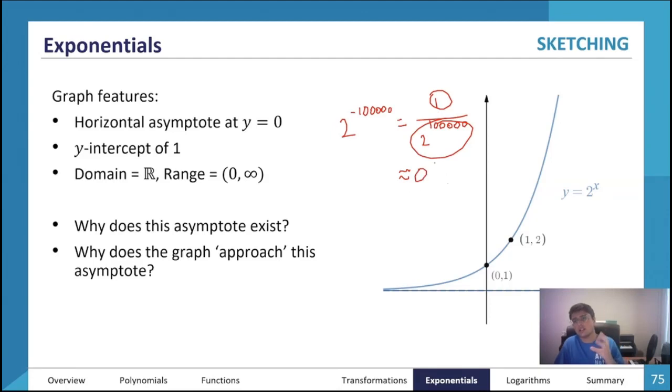It's still going to be a number, just a very, very small number. As we make x more and more negative, this power is going to get bigger and bigger, and it's going to get closer and closer to 0. So that's why as we go more and more negative, we approach this value of 0, but we're never going to reach it. So it's an asymptote.